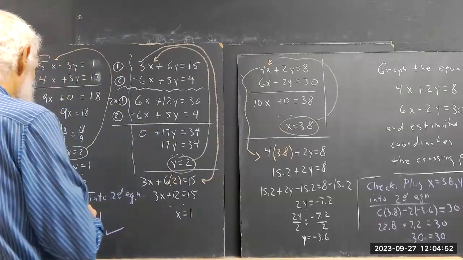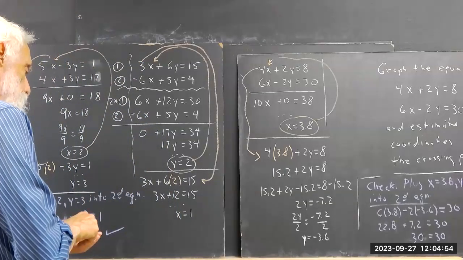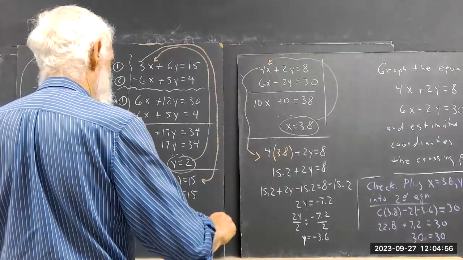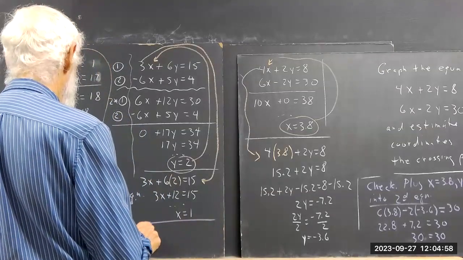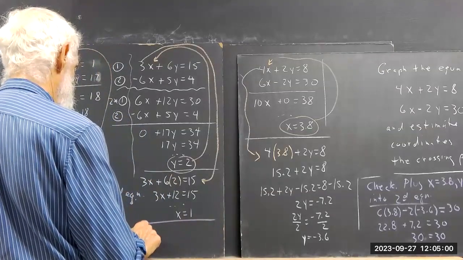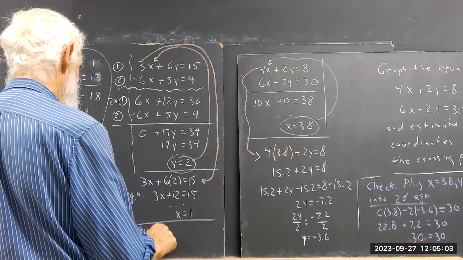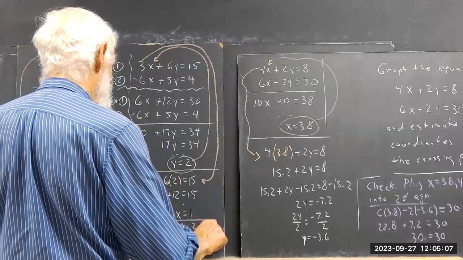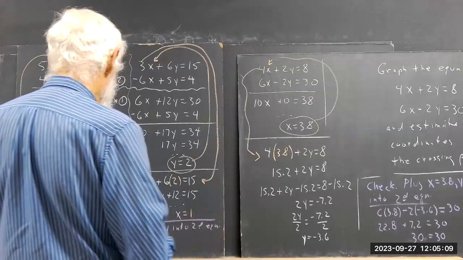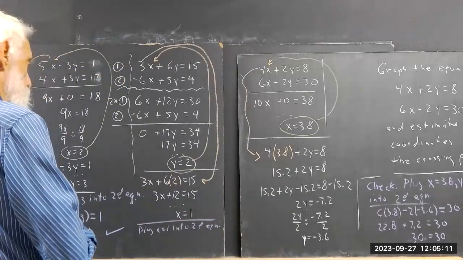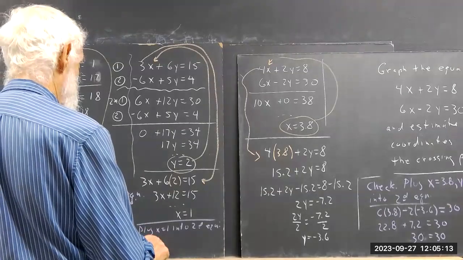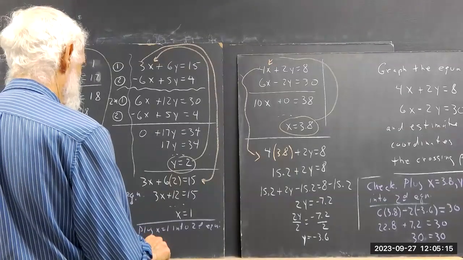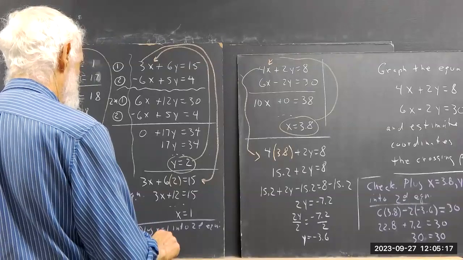Now we plug x equals 1 into the second equation. And the equation that we get is going to be negative 6 times 1.